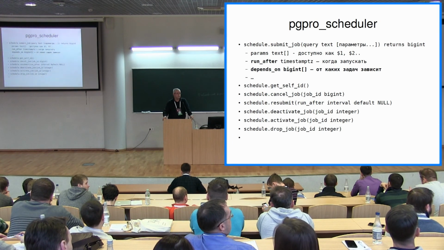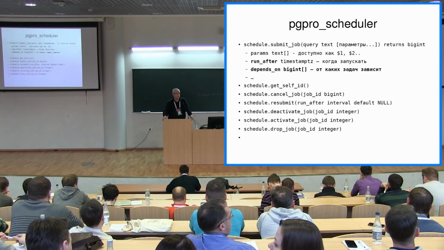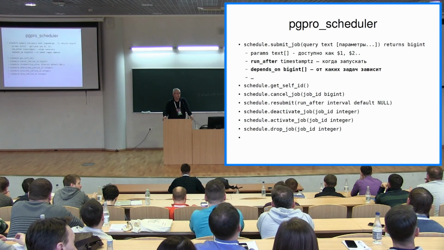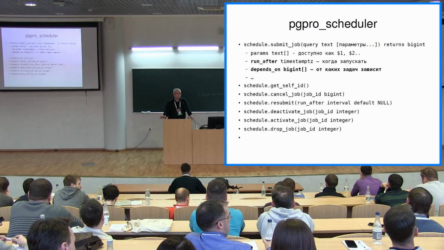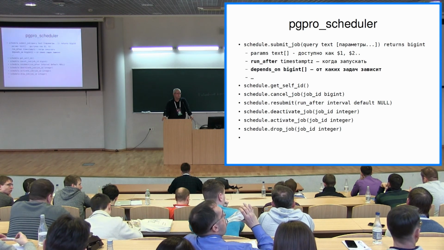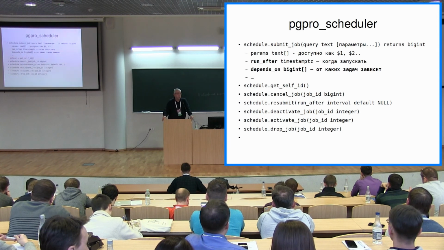So query, it's just a query, the text of the query. Stored function and access to the operating system can be conducted from it on the level of SQL. Well, actually, if you do not have any additional modules, then no.